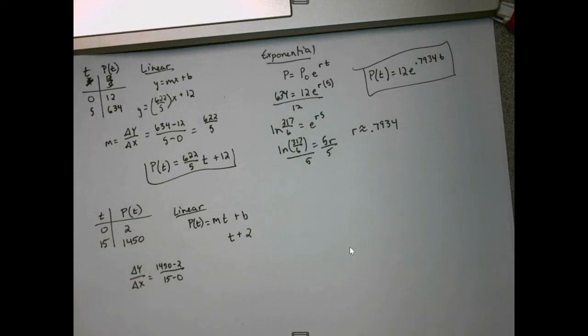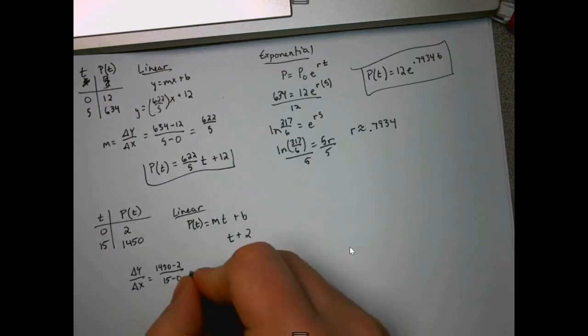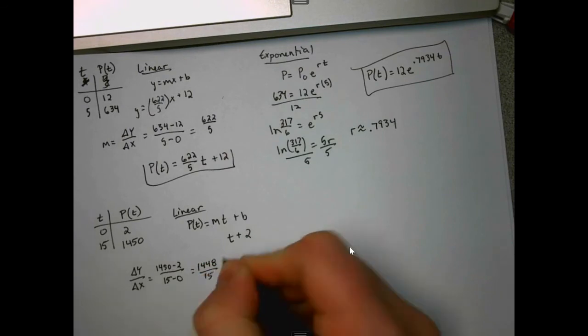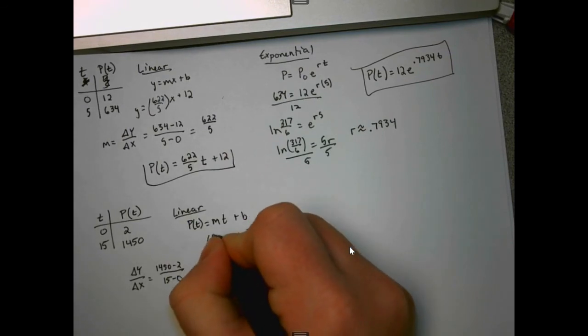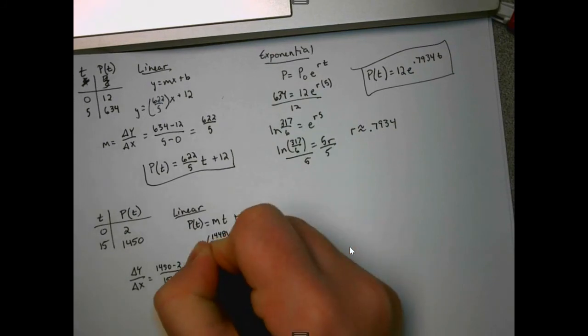So that's 1450 minus 2 divided by 15, which doesn't reduce any, so it's 1448 over 15. So P of t equals 1448 over 15 t plus 2.